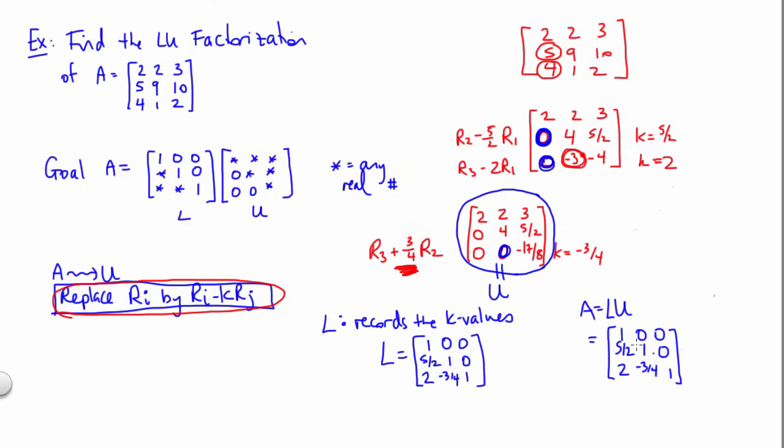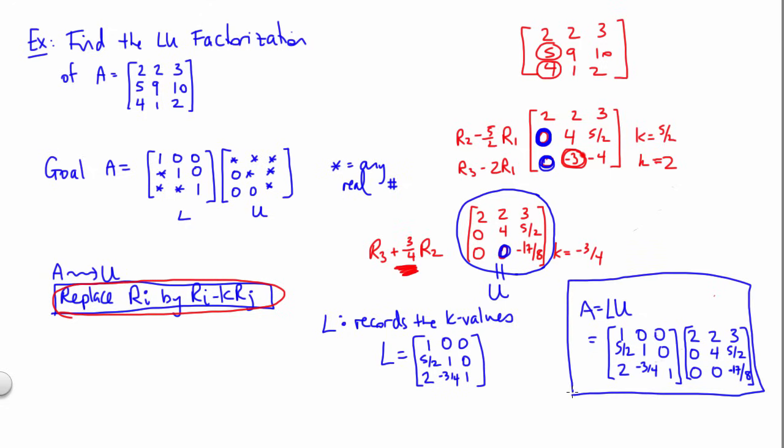Ones along the main diagonal, and it records the k values that we used when we got our matrix into upper triangular form. And the matrix U is just that upper triangular form that we found when we were done doing our row operations. So we'll put a box around that, and that's our final answer.